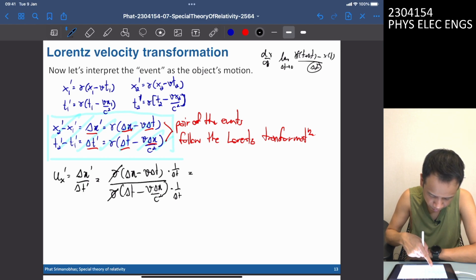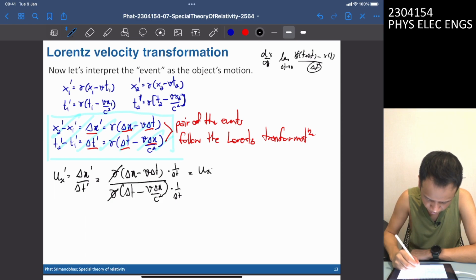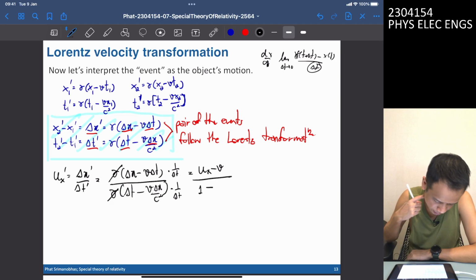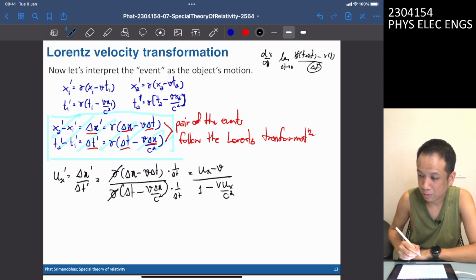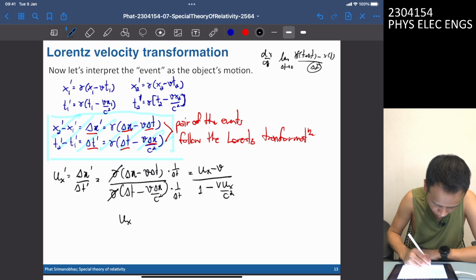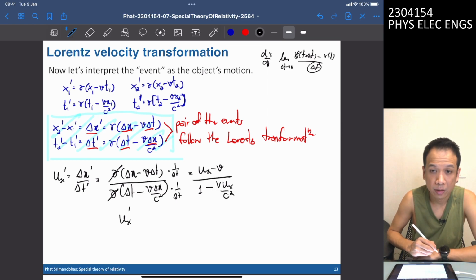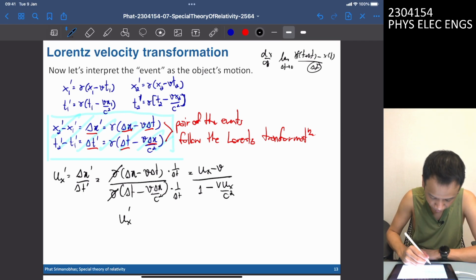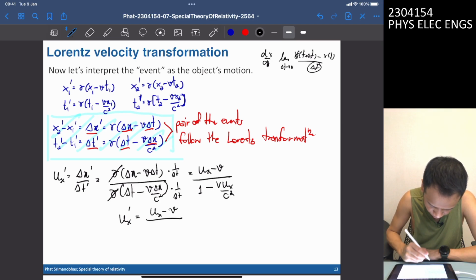The first term, delta x over delta t, is ux, the velocity. So you get ux minus v over 1 minus v ux over c squared. Finally, the velocity as seen from the observer S prime is ux prime equal to (ux minus v) divided by (1 minus v ux over c squared).